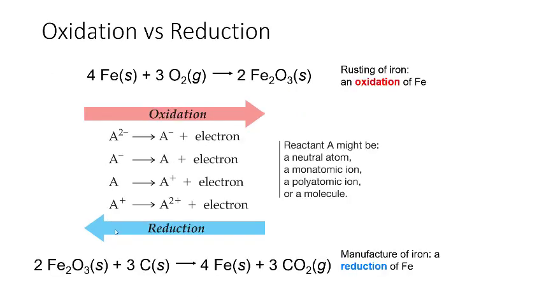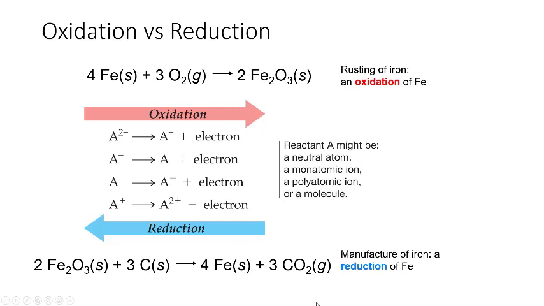So let's look at a specific example here. We can see that iron can be oxidized by oxygen to form Fe2O3, which is rust. It's a very common reaction that we see quite often. Whereas rust can be mixed with carbon to reduce rust back to iron and carbon dioxide.